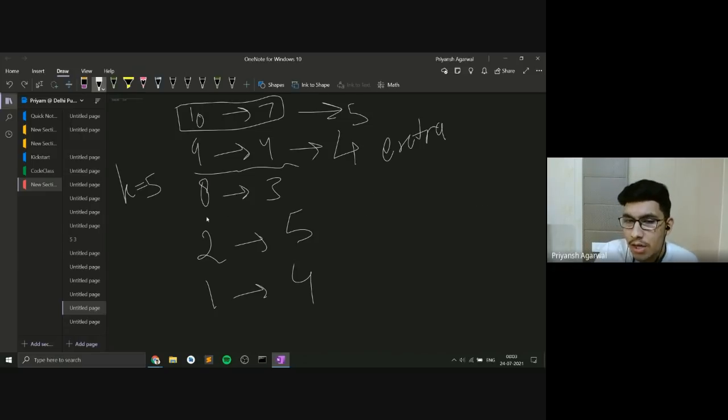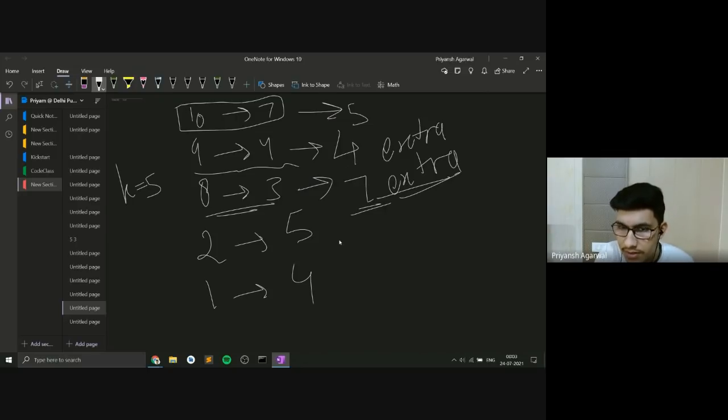Now I get 3 8s. So clearly, can you tell me how many extra elements do I have? I have 7 extra elements. Now what I can do is I can just complete a segment of 5 from them. So I have 7 elements, and what are these numbers? I have 9 9 9 9 and 8 8 8.